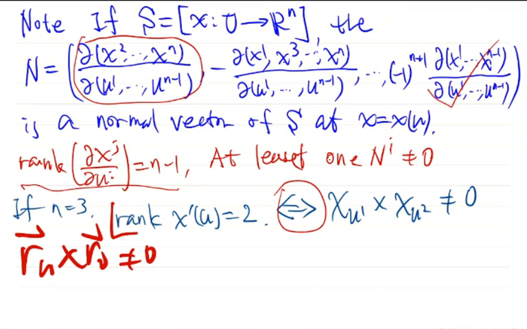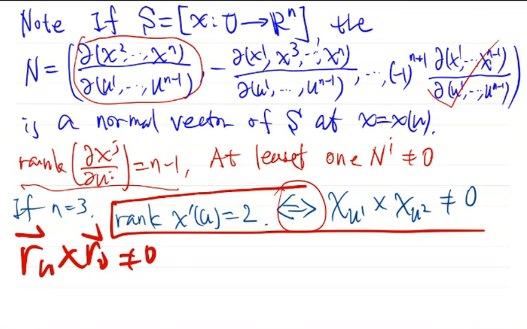The reason is this. Of course, the previous R will be replaced by our vector x, and u1, u2 play the role of u, v there. Because of the higher dimension, you do not have a cross product, so we use the matrix.